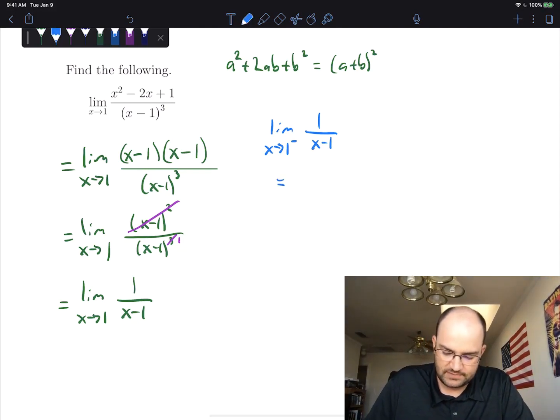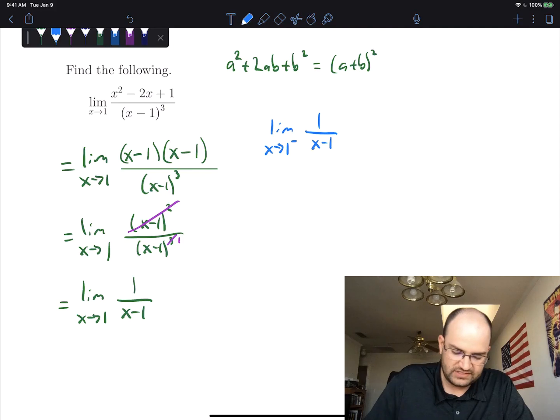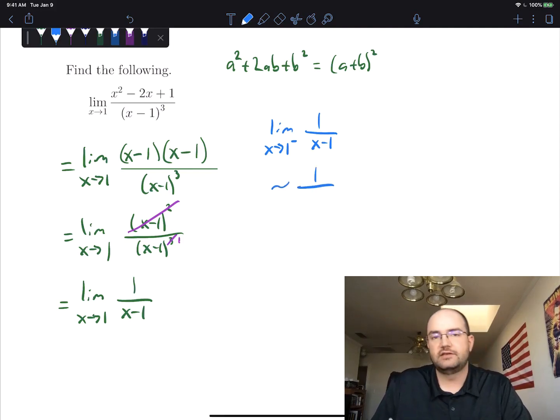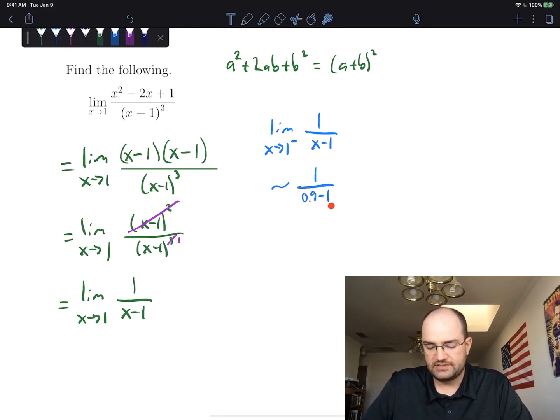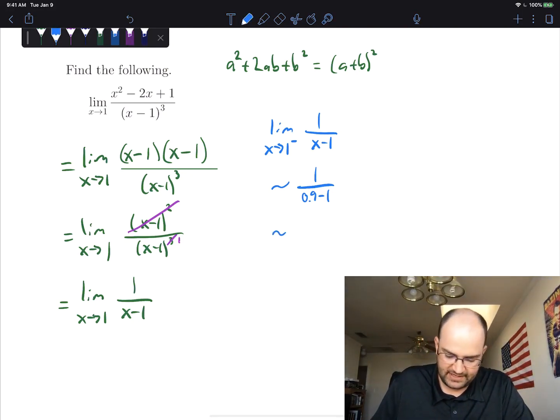So this is going to give me something similar to 1 over, and then instead of x, let's replace it with 0.9. So what is 0.9 minus 1? 0.9 minus 1 is, well, negative 0.1. So this is the same as 1 over negative 0.1.